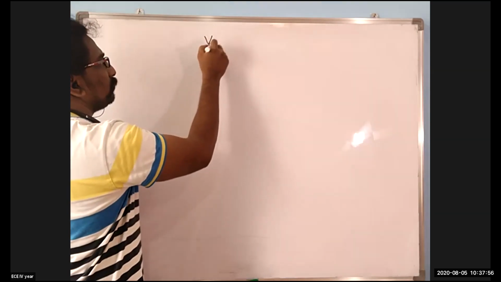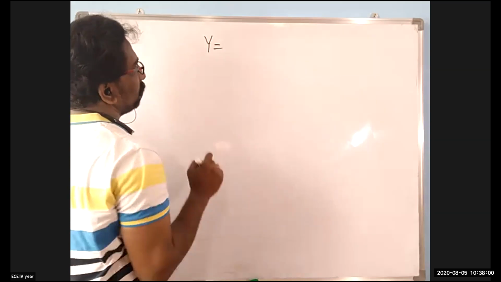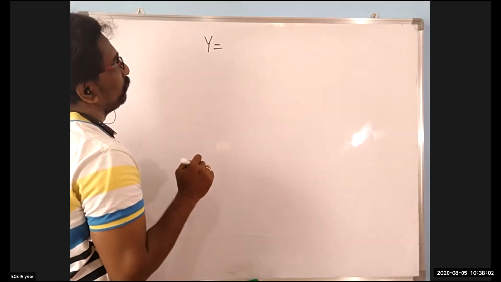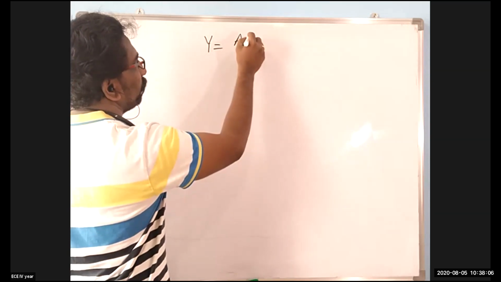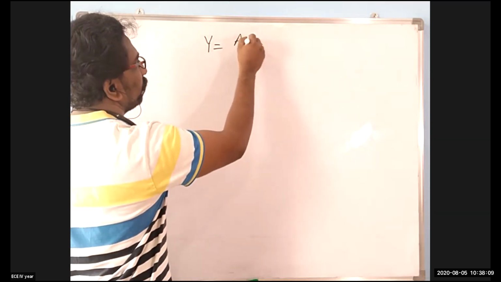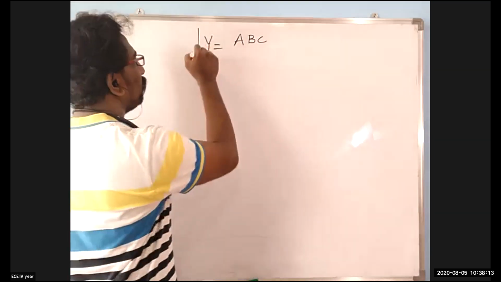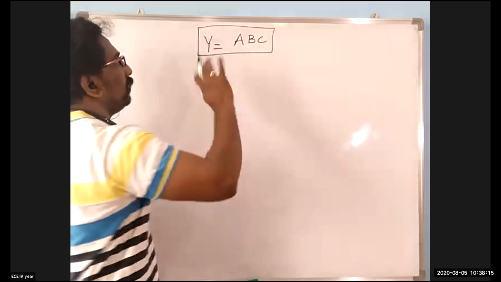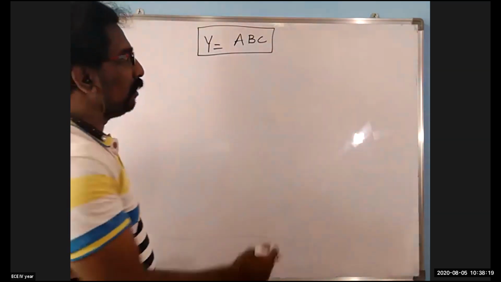Y equal to ABC. Let me start with one small one, and then later we'll enter into two kinds of operators. So Y equal to ABC, then how many PMOS do we need?